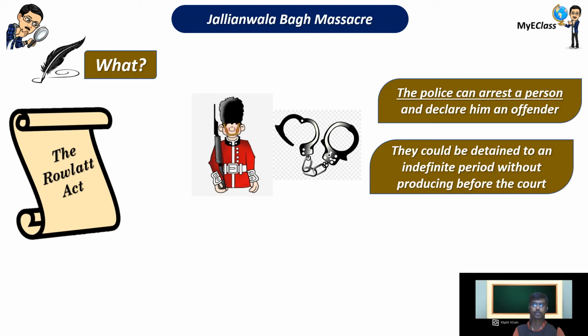Usually, the person who got arrested by the police will be submitted before the magistrate or before the court within 24 hours. But by this act, the police got the power to detain that person in the cell without producing him before the court.